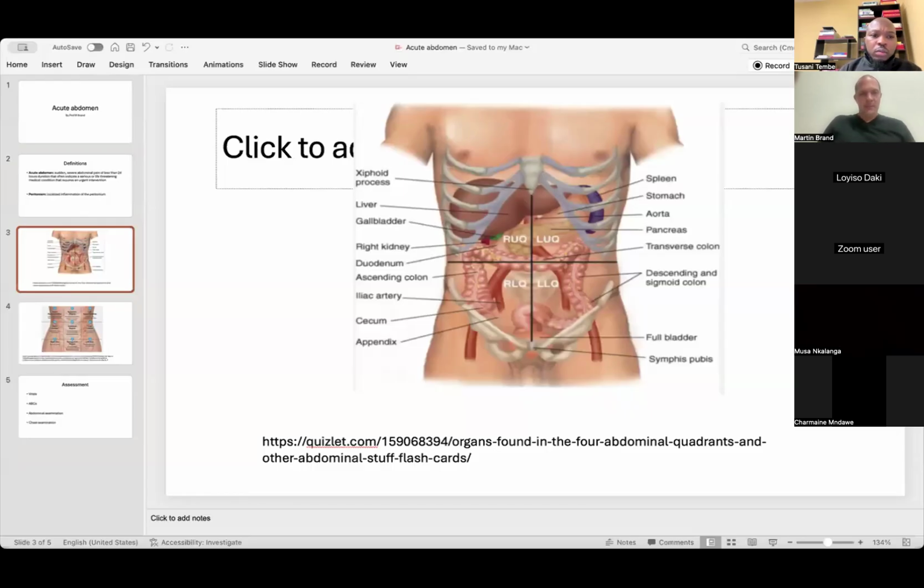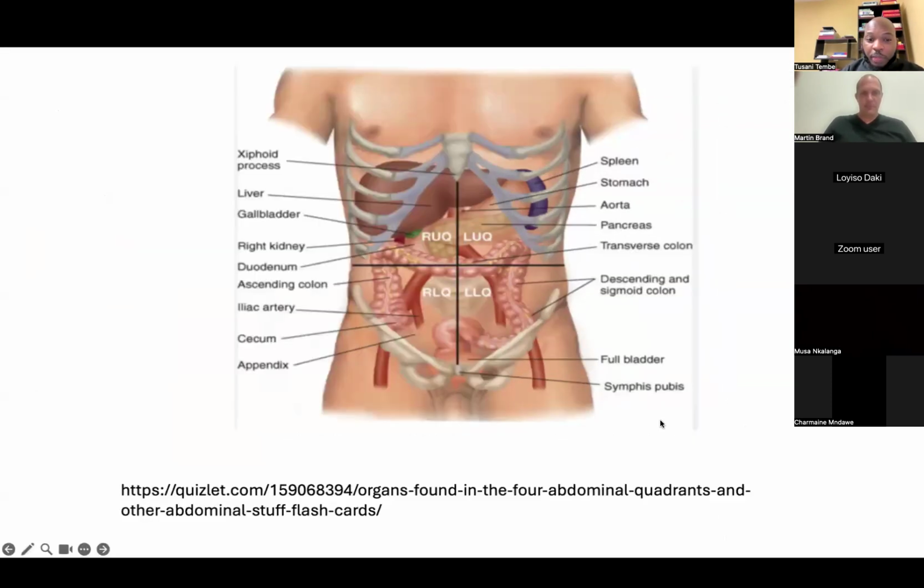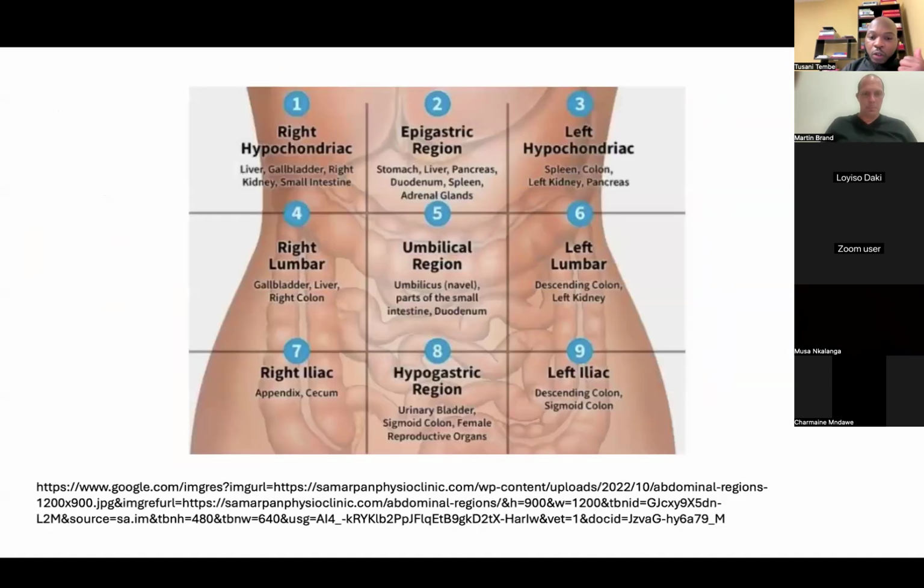Can you all see the 4 quadrants? This is what we're talking about, Prof, right? Correct, yeah. Happy with that. Yes, and this is a picture from Google. There's another one that I found where they further break it down to 9 quadrants.